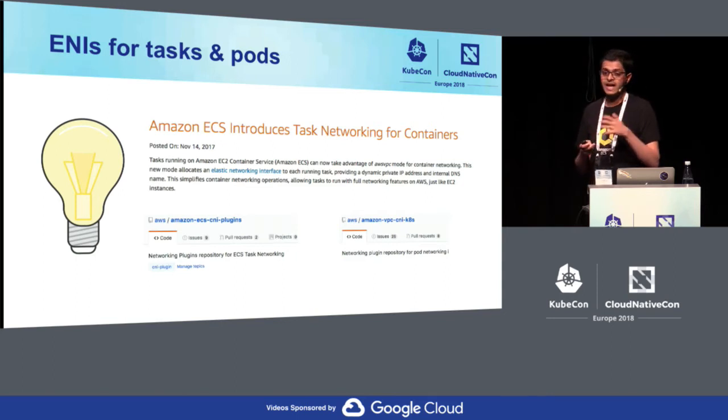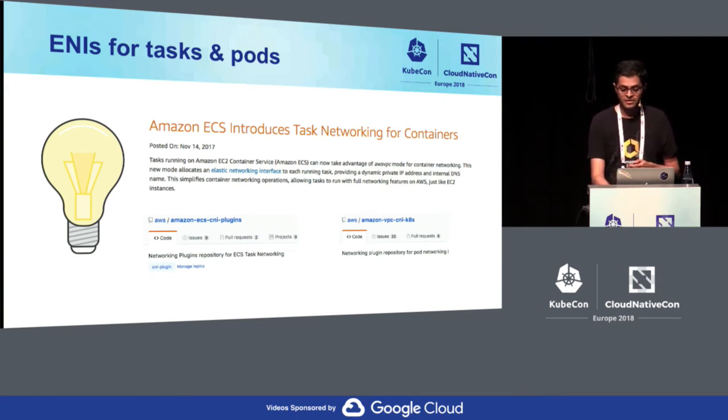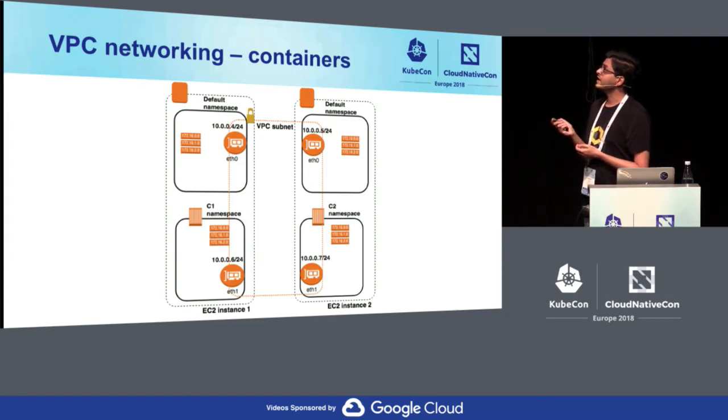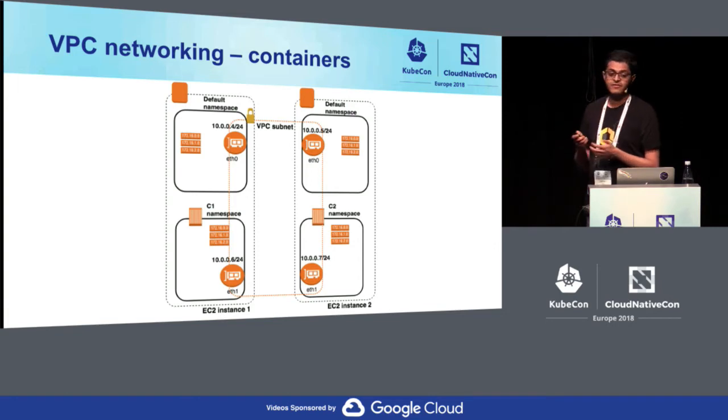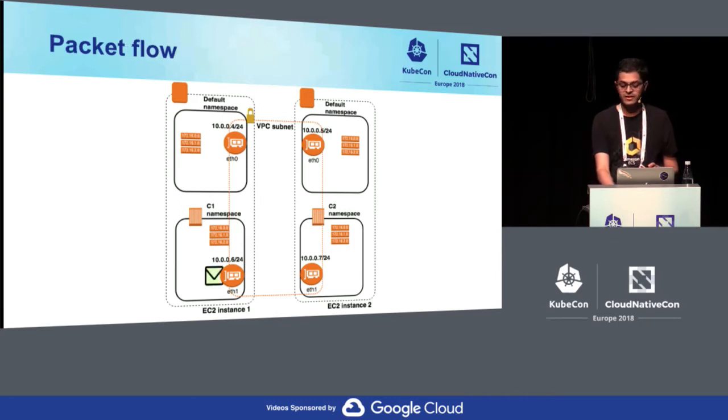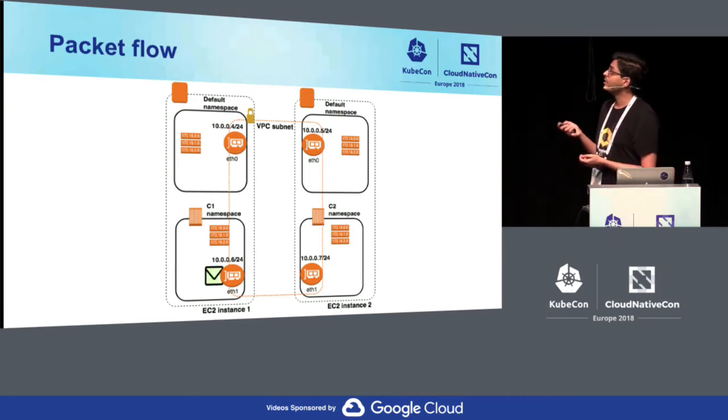And because they have an ENI per application, discovery is very simple as well. So if you look at the diagram now, instead of any overlay, there's no overlay. Here, container 1 has an ENI. This container has an ENI as well. And all of these are part of the same VPC. So network communication in this world is pretty straightforward. Container 1 wants to send a packet to container 2.